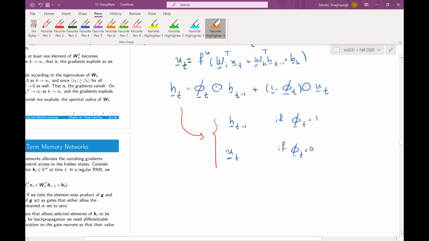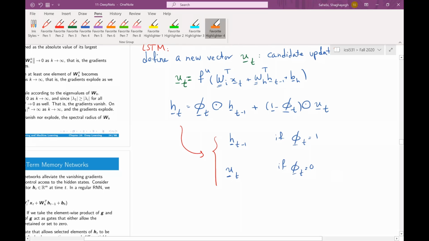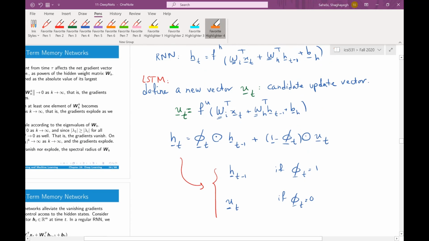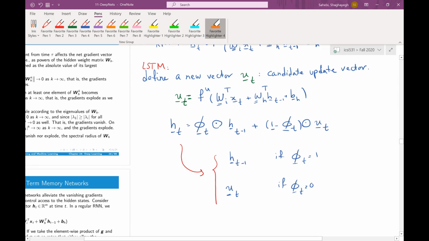So if phi_t is 0, then the only thing that remains is the candidate update vector. So we are just going to have a new update state that is calculated and is equal to u_t. Of course, we said that our phi_t is not always 0 or 1, it's something in between.